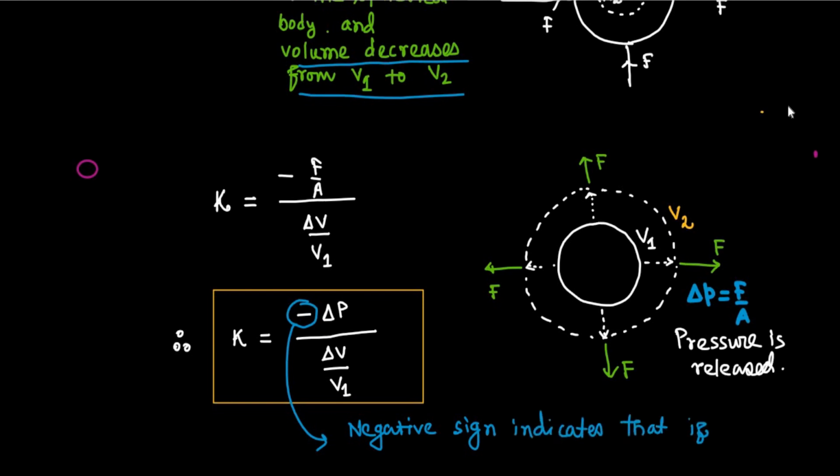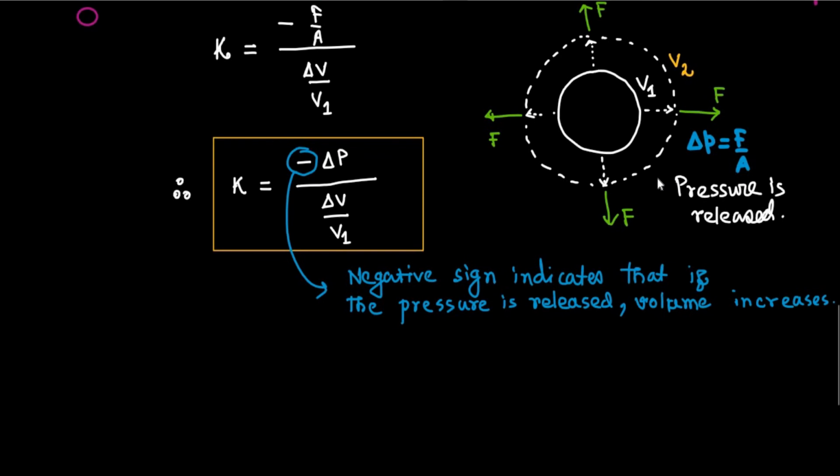In the initial case, pressure was applied, but here the negative sign indicates that if pressure is released, the volume of the spherical body increases.